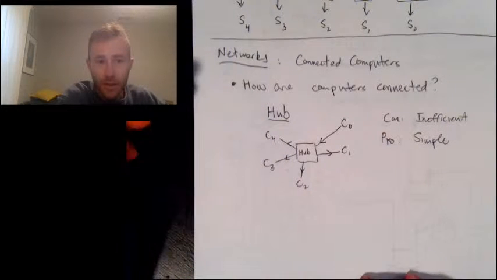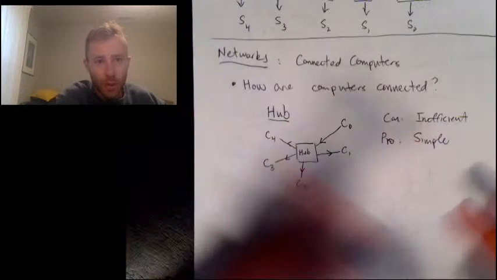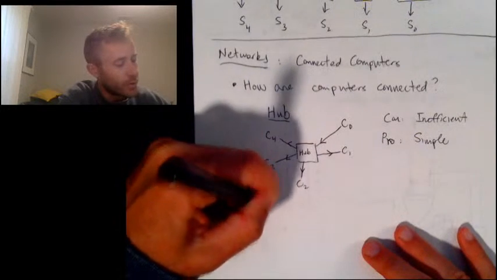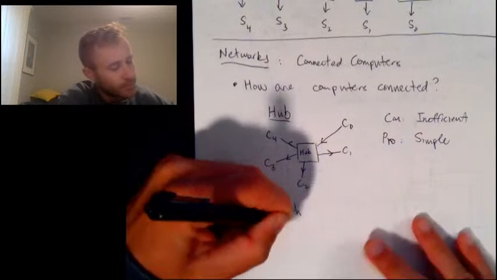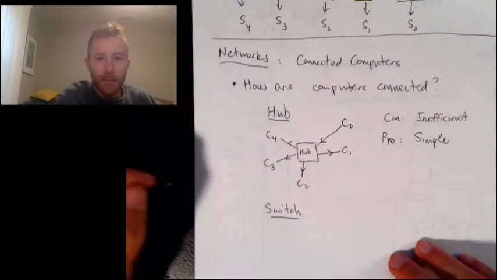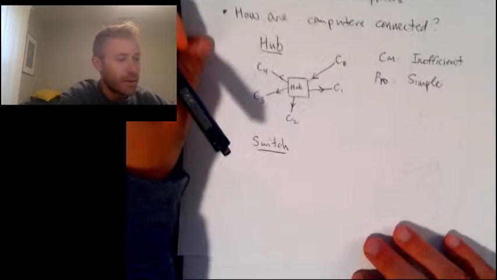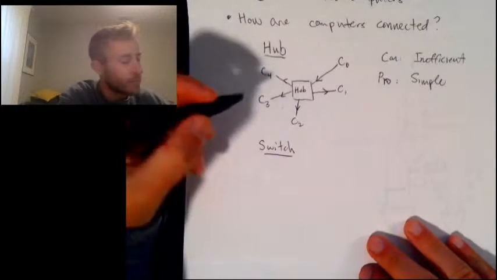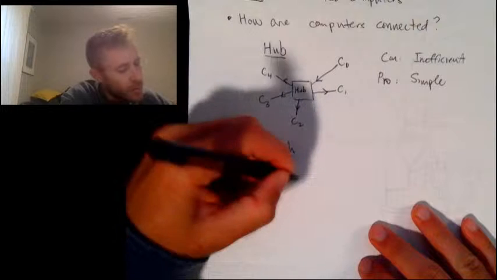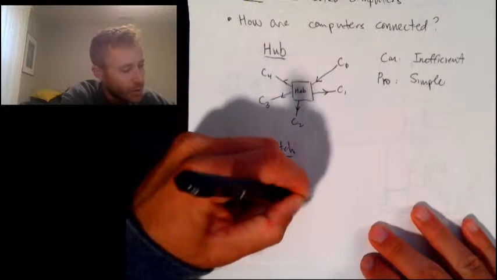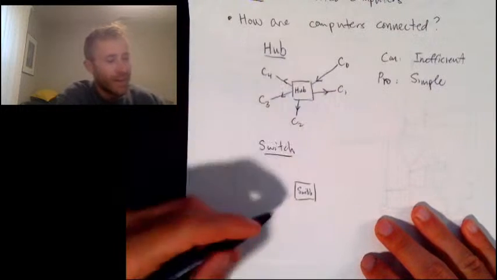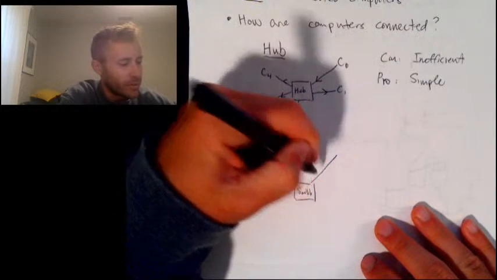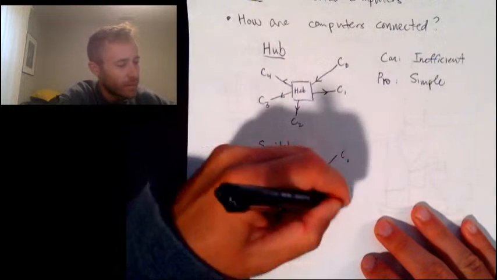Another way that computers can be connected is with a switch. A switch is a little bit smarter than a hub, because a switch is going to know the identities of all the different computers.